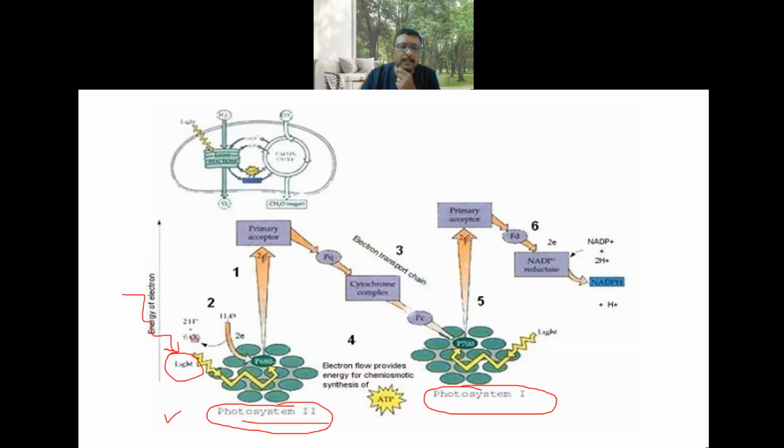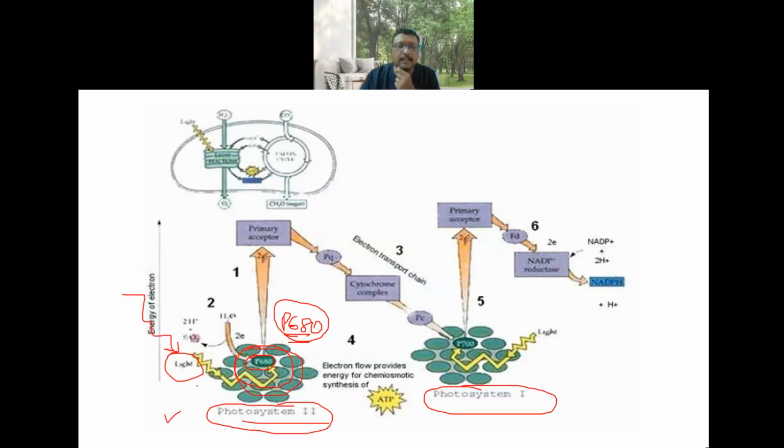In this picture, this region is the reaction center. Here it is chlorophyll A, and all these other pigments are accessory pigments. In the center is chlorophyll A, the reaction center. Surrounding it are the accessory pigments like chlorophyll B, carotenoids, phycobilins, and so on.